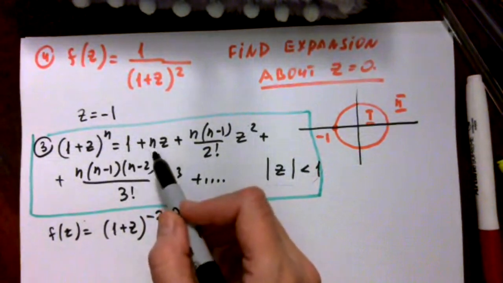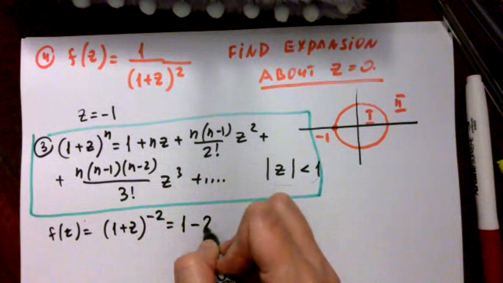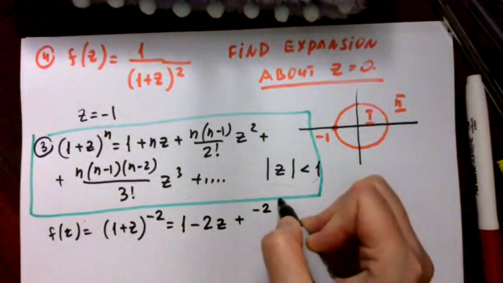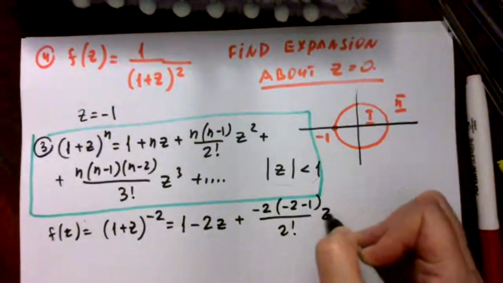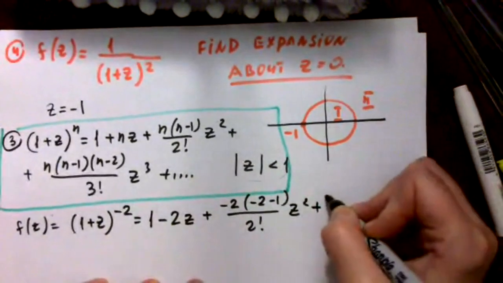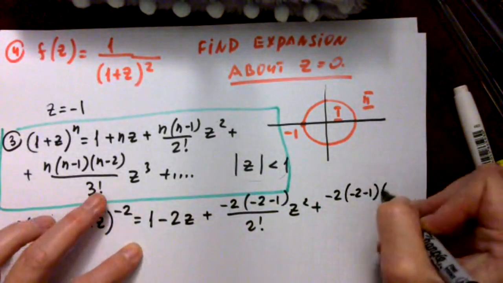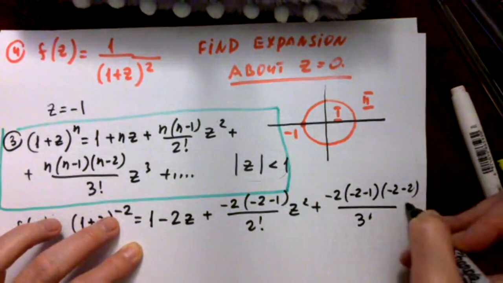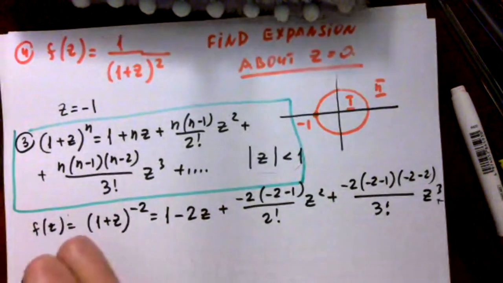And so let's substitute n with minus 2. 1 minus 2z, and here I need to do things more carefully. Minus 2 times (minus 2 minus 1) divided by 2 factorial z squared. And here I prefer to write even more carefully. Minus 2 times (minus 2 minus 1) times (minus 2 minus 2) divided by 3 factorial, and I run out of room, z cubed plus so on.